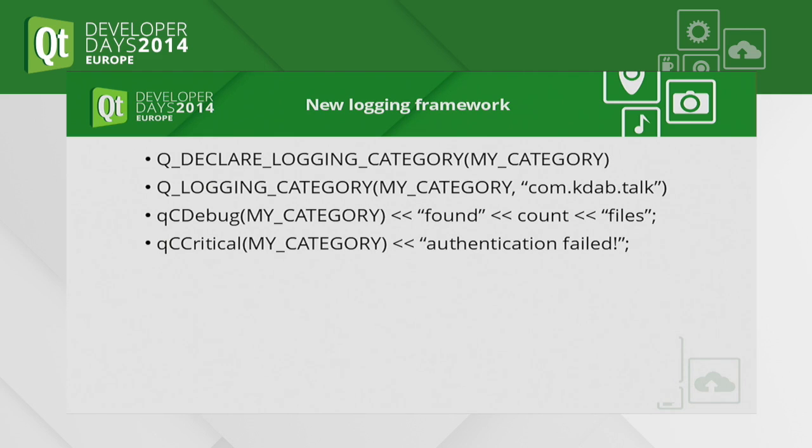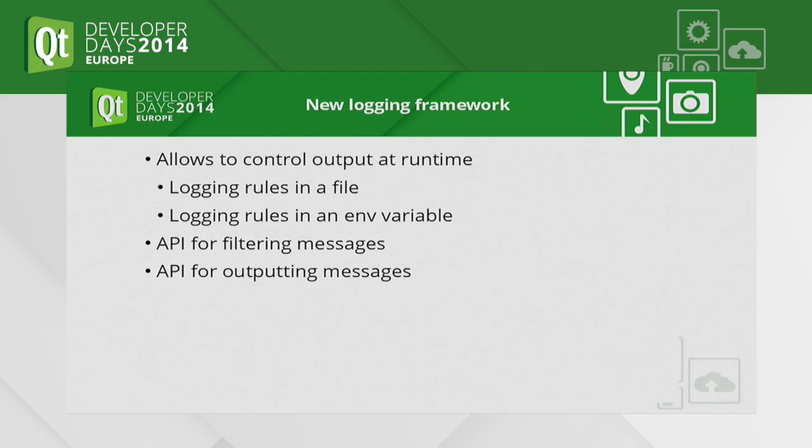Then we got nice functions called qCDebug, qCInfo, qCCritical, qCWarning, and we log those messages to that category. The fancy part is that we can then decide at runtime to show all the debug log for that category and nothing at all for that other category over there, which just made sense, right? At runtime we can define a bunch of logging rules in a file or an environment variable, and we have nice APIs for filtering messages and also for outputting them.